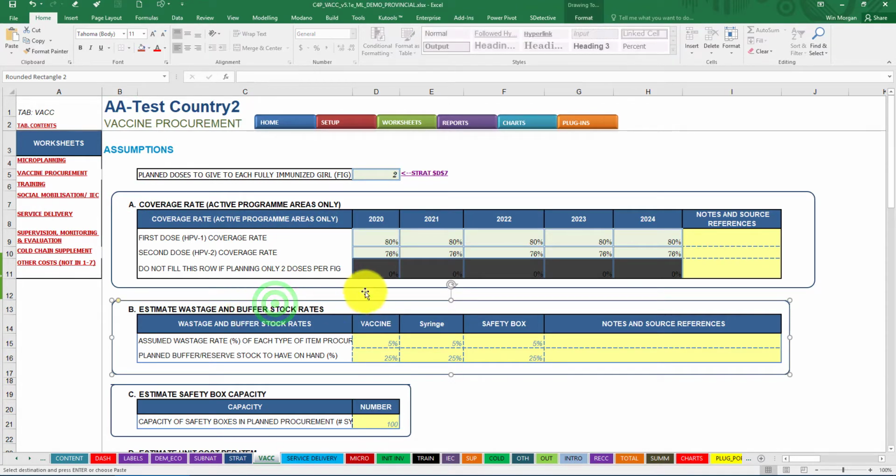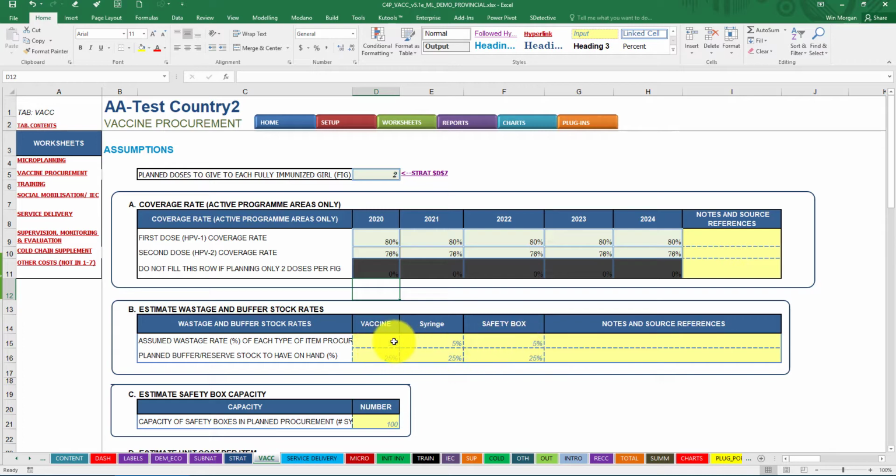Okay? The second part then is estimating the wastage and the buffer stock rates. So you're going to have vaccine, a syringe and a safety box for the HPV vaccine. And so you want to look at what you assume the wastage rate is going to be for each type of item.